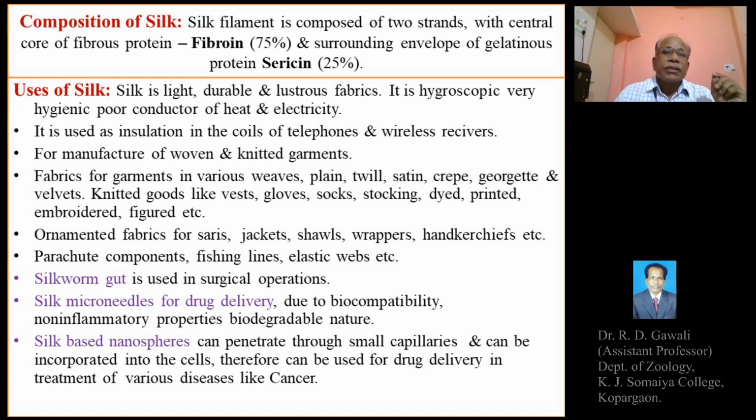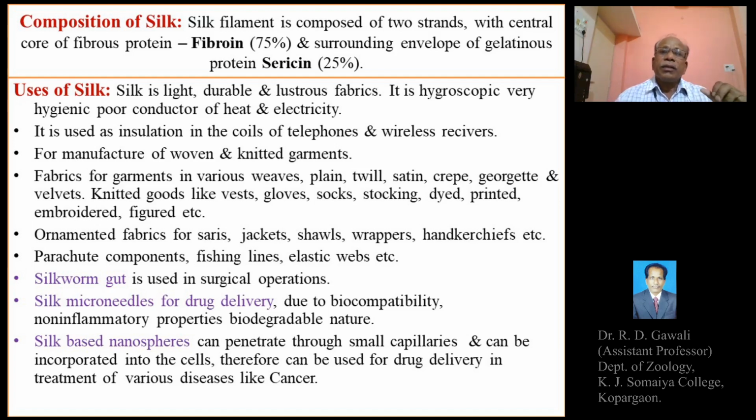And these various types of views, that is plain, twill, satin, crepe, georgette and velvets, are used for the manufacture of knitted goods like vest, gloves, socks, stocking, dyed, printed, embroidered, figured, etc. So these are the different types of commodities or garments prepared by using different views which are prepared in the textile industries.